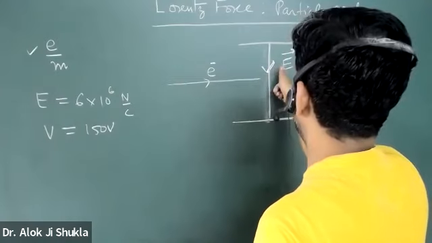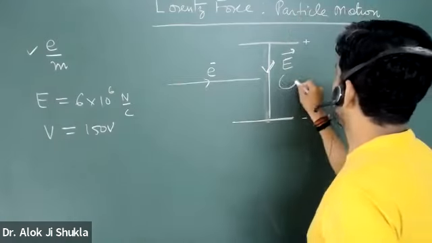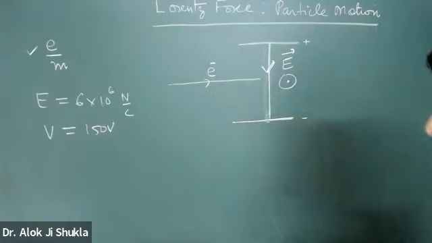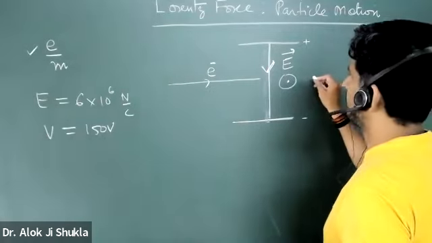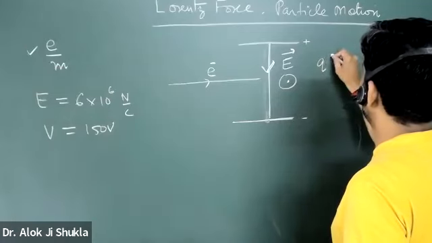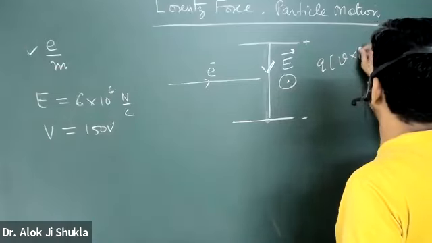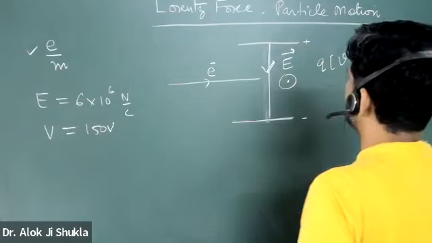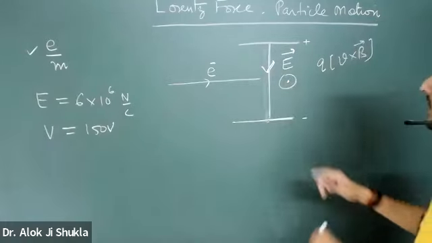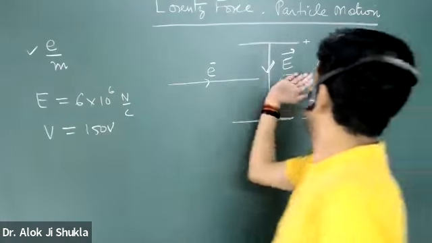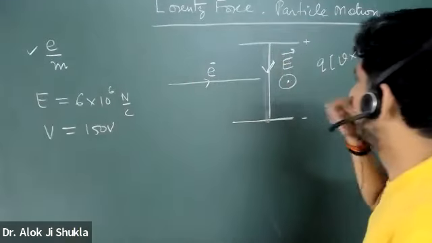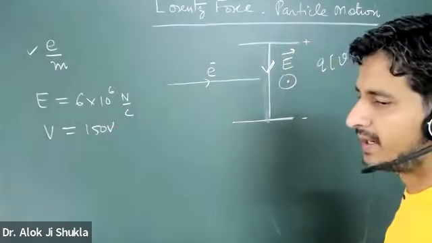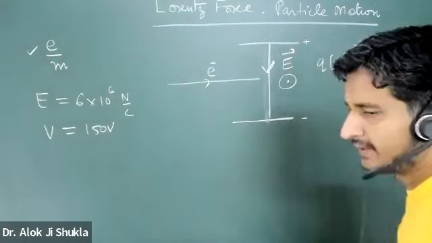If the magnetic field is upward, so your Lorentz force is Q V cross B. So suppose I apply a perpendicular magnetic field upward with respect to velocity, it will be V cross B. For positive charge, it will be downward, and because charge is negative, so it will be upward. So actually, this type of setup they will make.